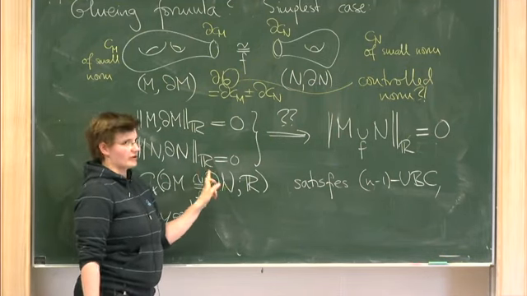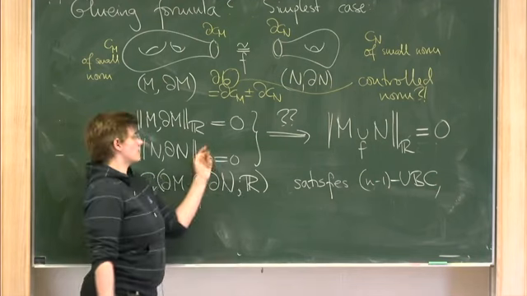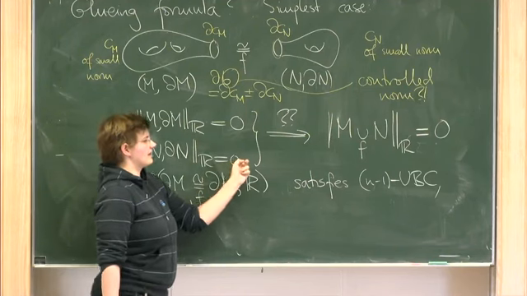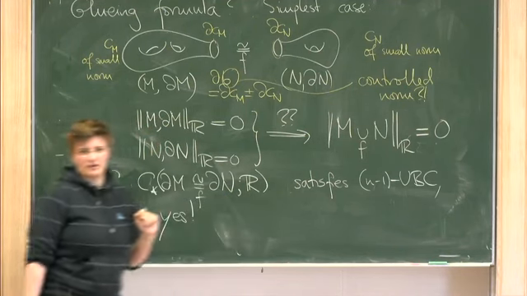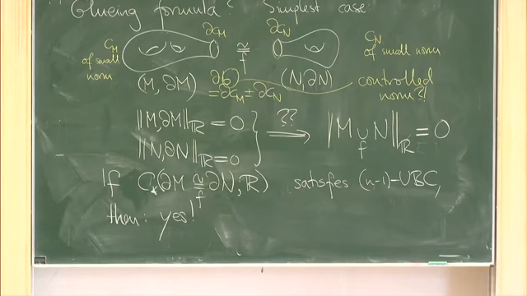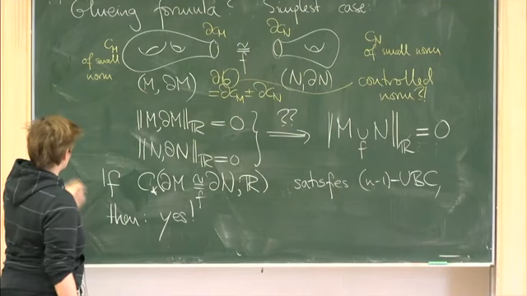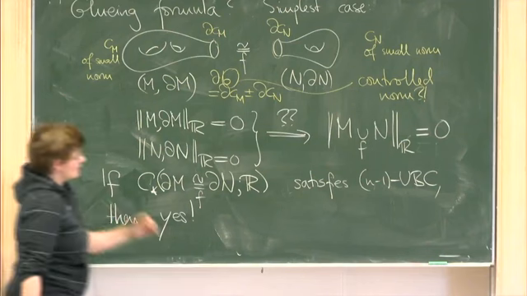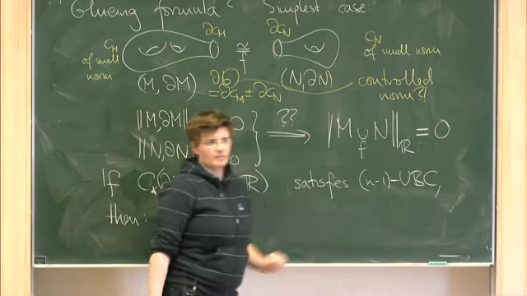You have 0 on both sides, you want to have 0 in total. You of course can ask more generally, if this is some value and this is some value, will you get the sum of the two values for the glued manifold? And this is much more complicated. You have to think about a lot more things. But let's stick to this simple case. So you see that if you want a gluing formula for simplicial volume, then it's good to have something like UBC.